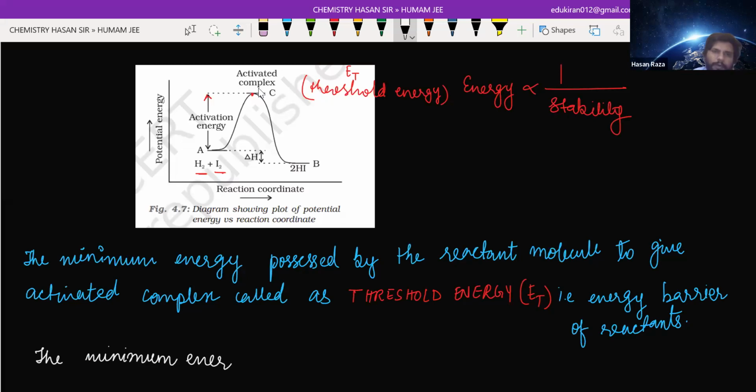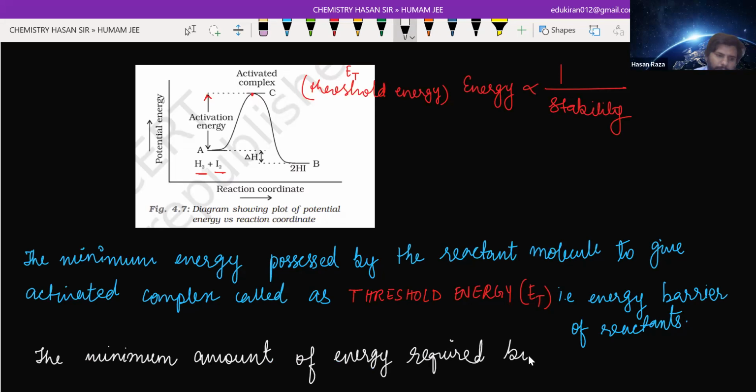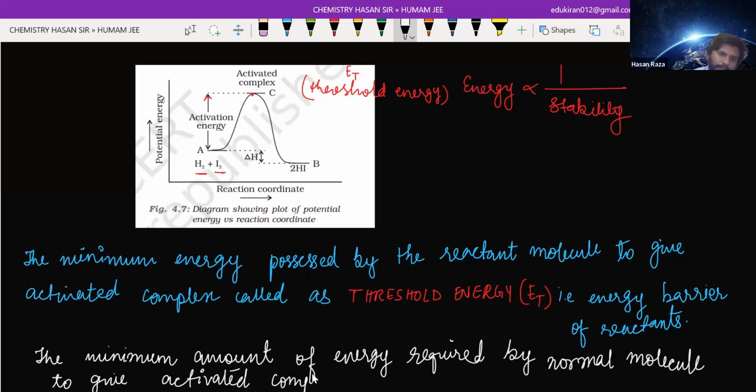The minimum amount of energy required by a normal molecule to give the activated complex.